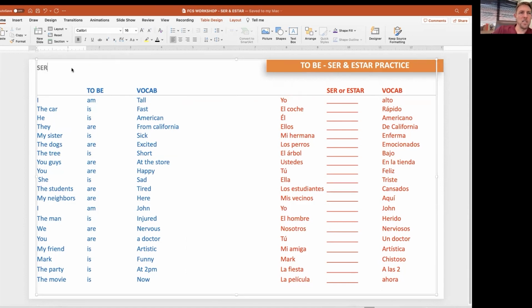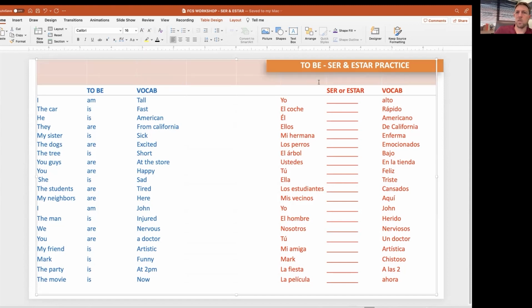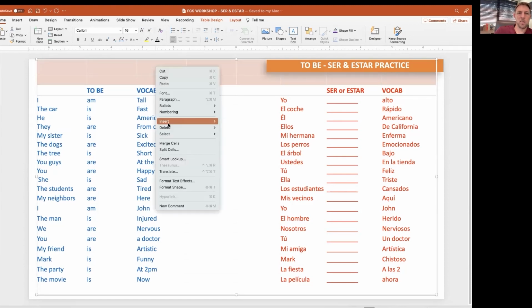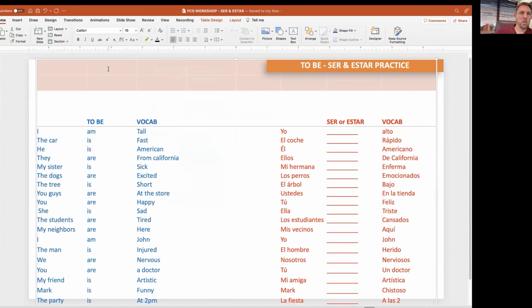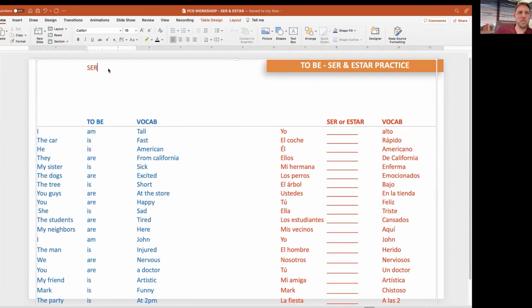All right. Ser, time, and permanent. And how do we make this with room? Okay. We're going to put a couple of blocks above. And we're going to put our little cheat sheet. Ser. All right. And estar.